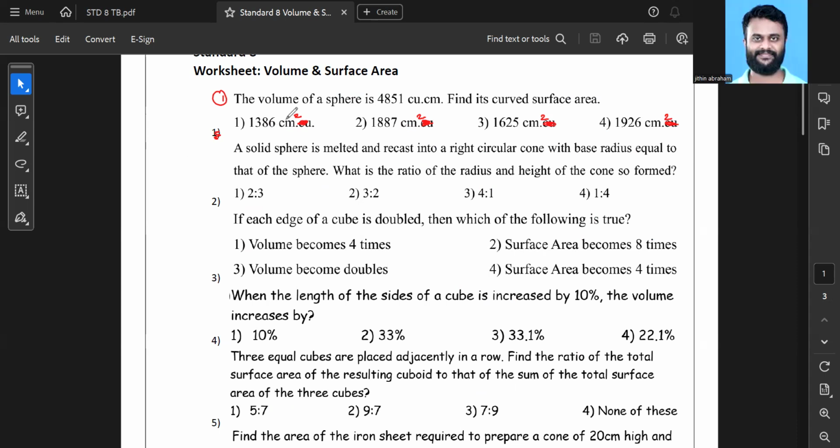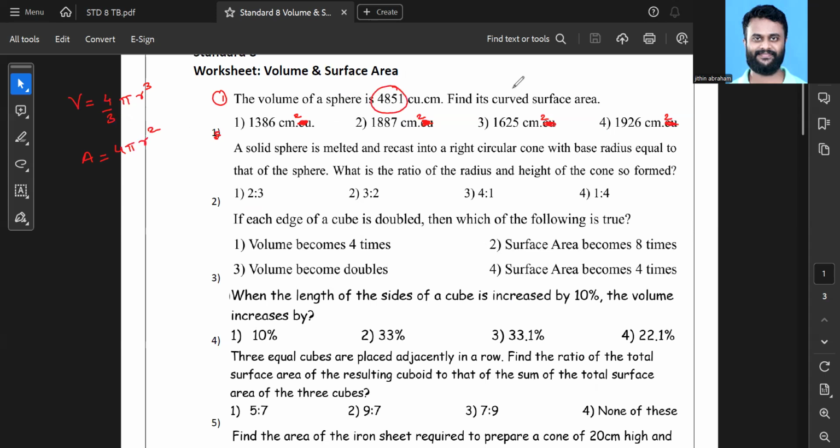They have given the volume, we need to find the surface area. Let's write the volume formula: that's 4 by 3 pi r cube. Now the area formula: it's 4 pi r square.